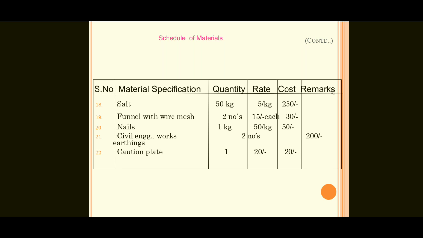Caution plate means danger plate, it becomes 20 rupees. Shock treatment chart, 1 quantity required, it is 50 rupees. Lugs, nuts, bolts, etc., 17 rupees.